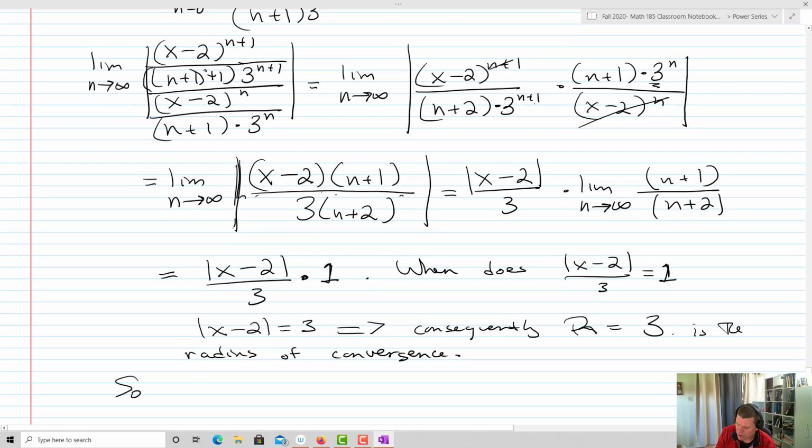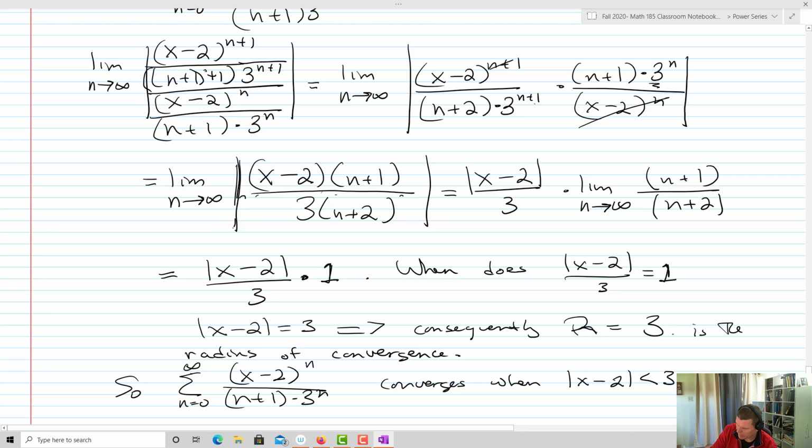Okay, so our series, the sum from n equals 0 to infinity of (x minus 2)^n divided by (n plus 1) times 3^n, converges when the absolute value of x minus 2 is less than 3.